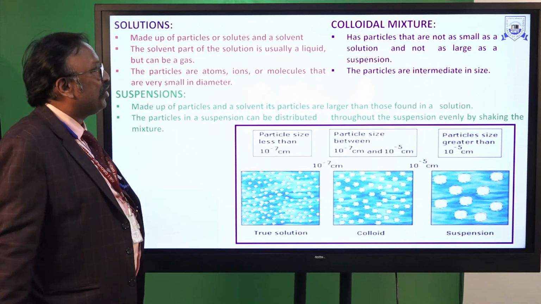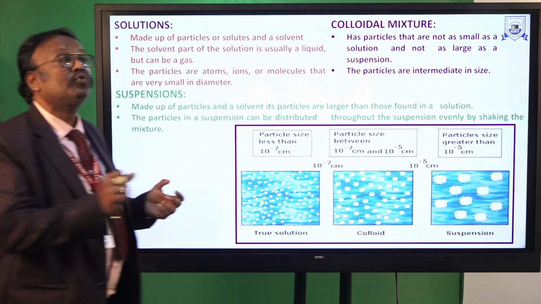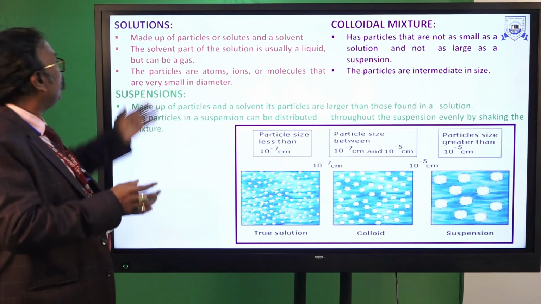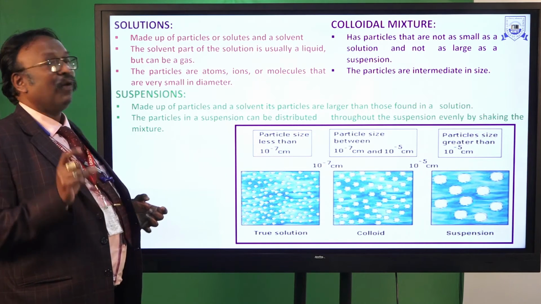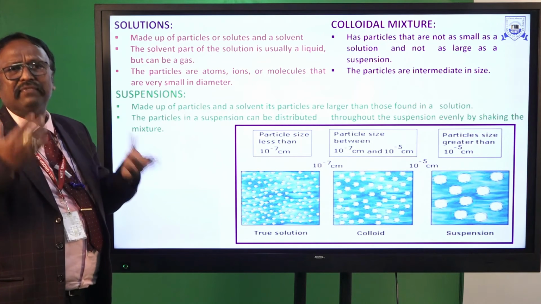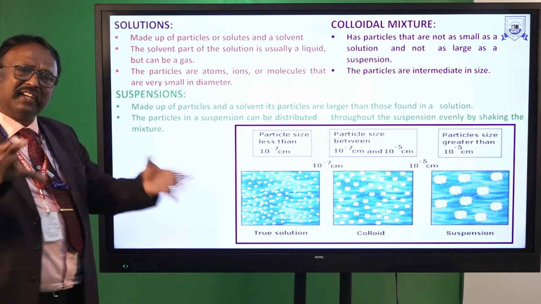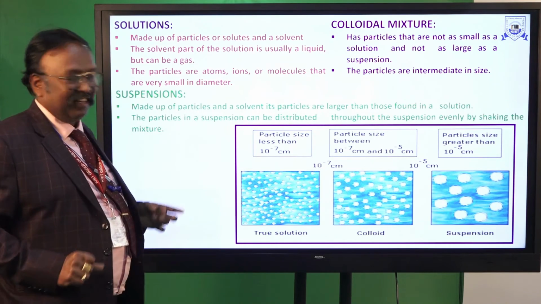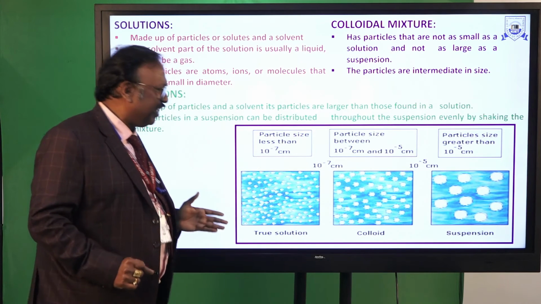In a colloidal mixture, the particles are larger when compared to true solutions, but smaller than a suspension. Whereas in normal suspensions, which we have already studied in B.Pharm first year, the particles are dispersed in the dispersion medium, but the size range is larger than a colloidal mixture. Here you differentiate diagrammatically.